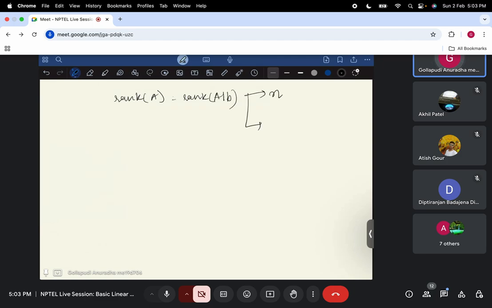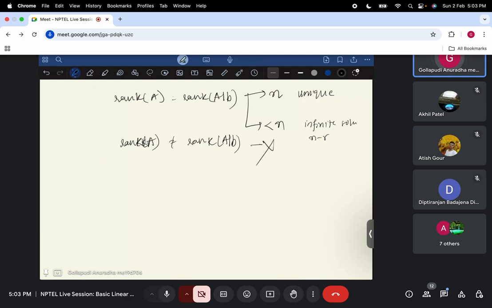If that rank is equal to n, the number of columns, then we'll have a unique solution. If that is less than n, then infinite solutions with n minus r arbitrary variables. And if they are not equal at all, then you have no solution.